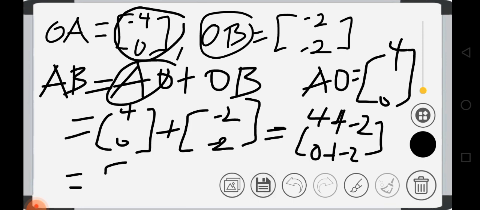So 4 plus minus 2 gives us 2, and 0 plus minus 2 will give us minus 2. The same answer. So it's better you follow the first one because it is simpler than this. So we're having 2 comma minus 2.